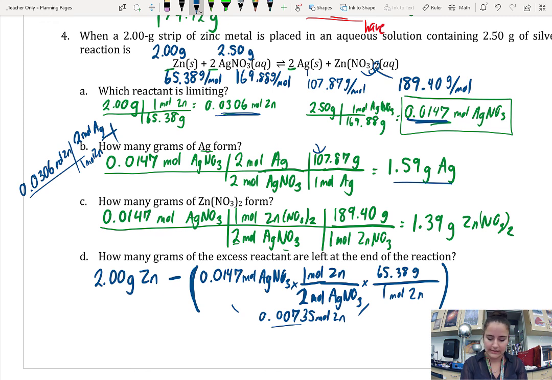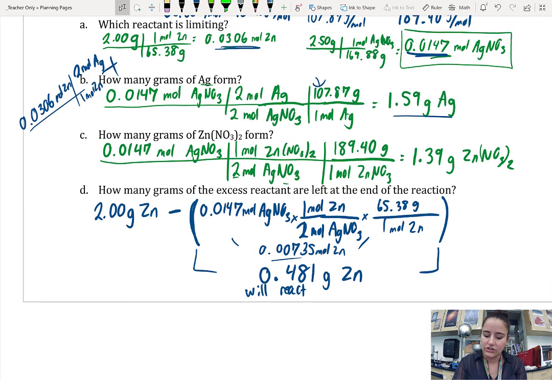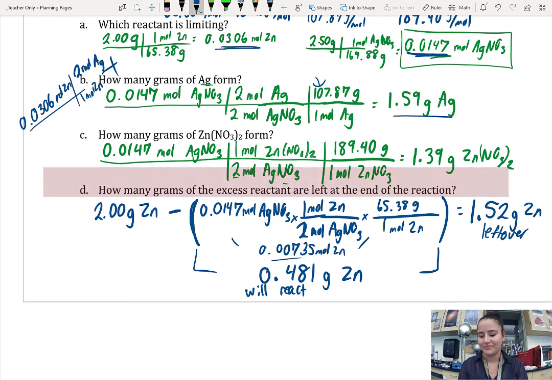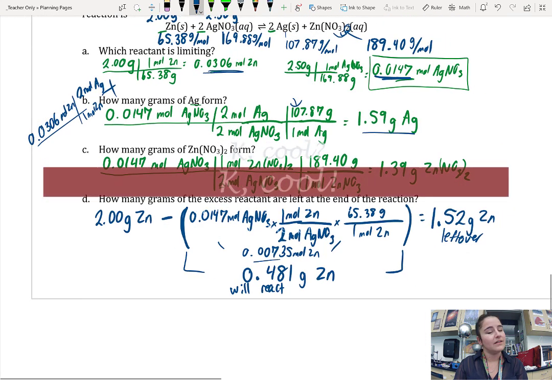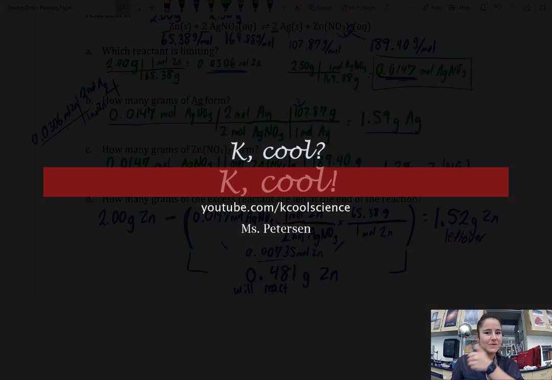If I multiply it by its molar mass, 65.38, that gives me that this whole term, the amount of zinc that will react, is 0.481 grams of zinc that will react. Then I just have to subtract it, 2.00 minus that answer, and we get our final answer of 1.52 grams of zinc left over, or in excess. Okay, cool.